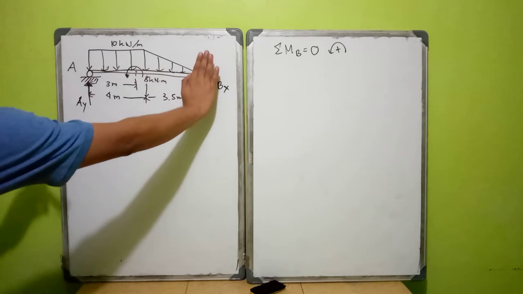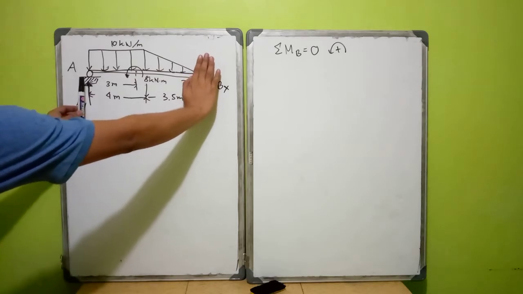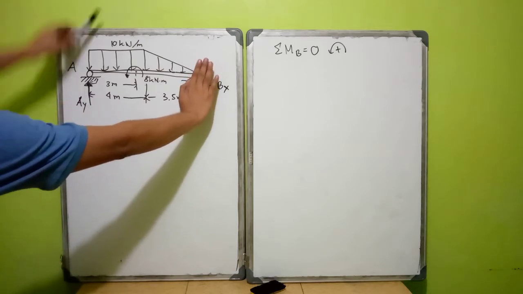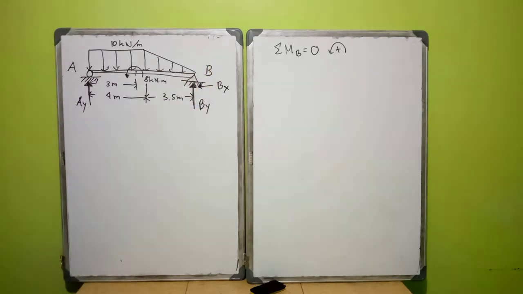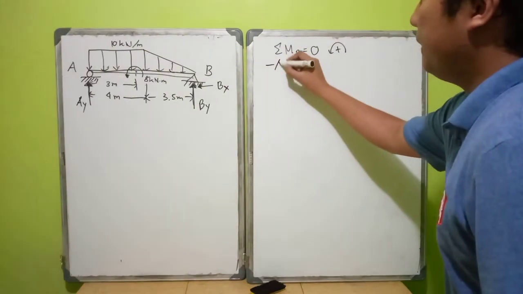Relative to B, this AY will rotate clockwise, therefore it is negative AY.